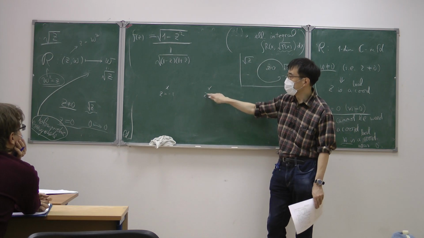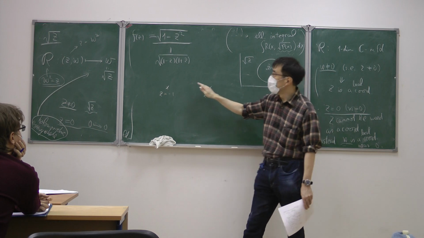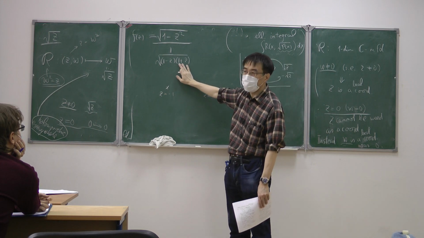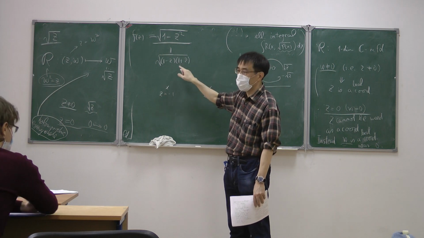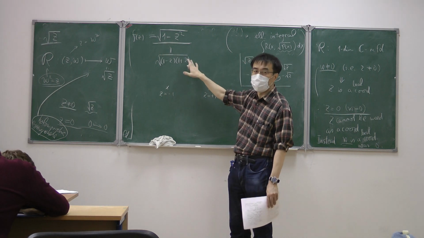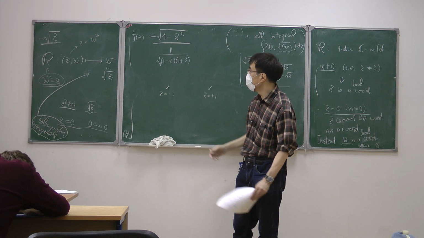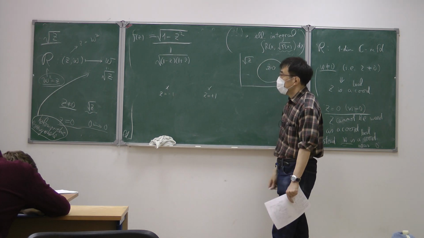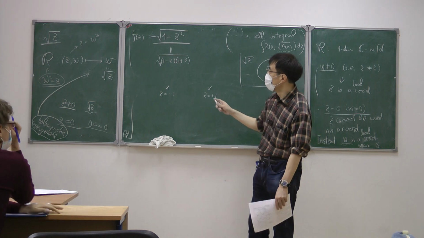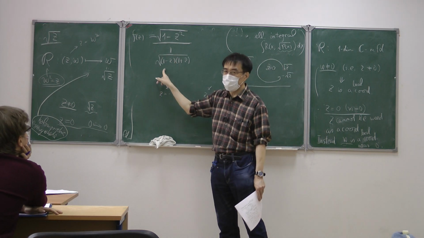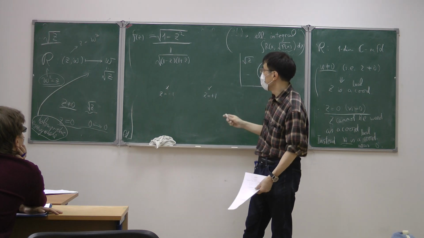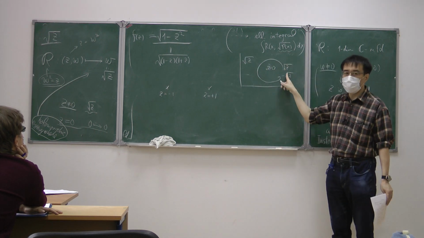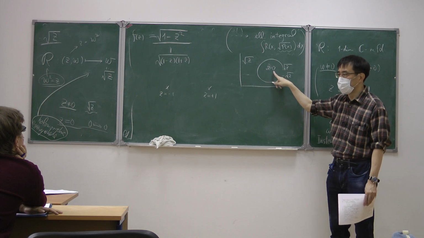For example, around +1, this part doesn't do anything bad because it's close to the square root of 2, or minus. So this part behaves like the square root around 0.